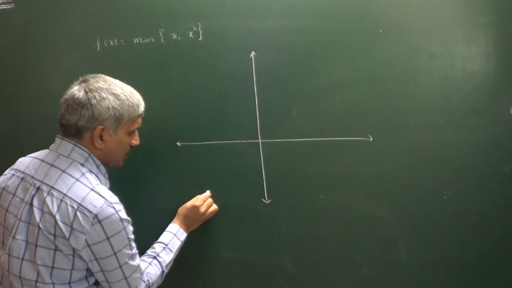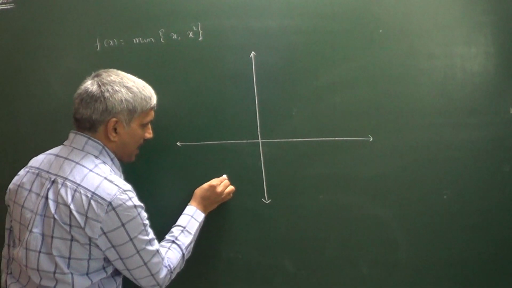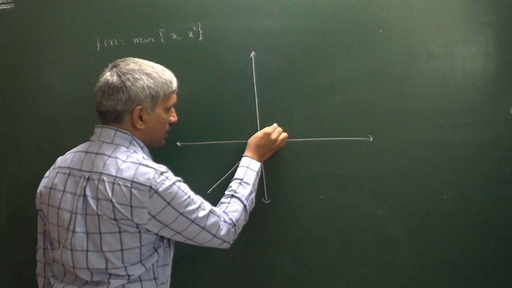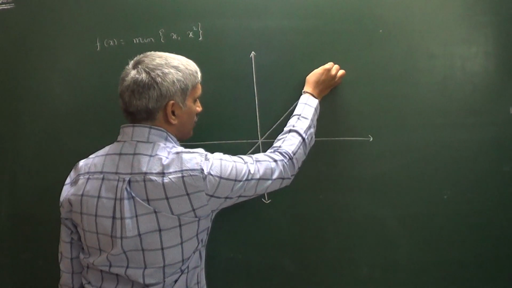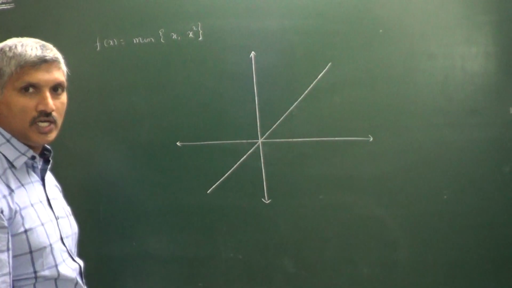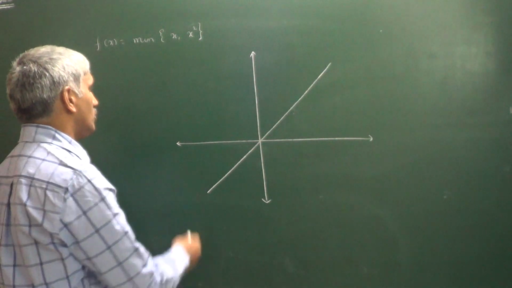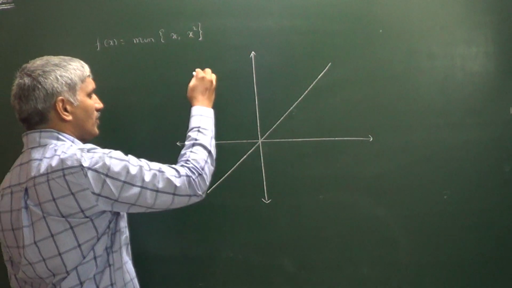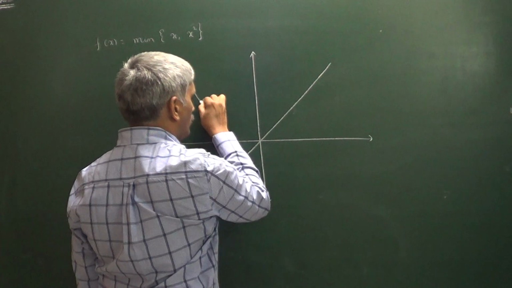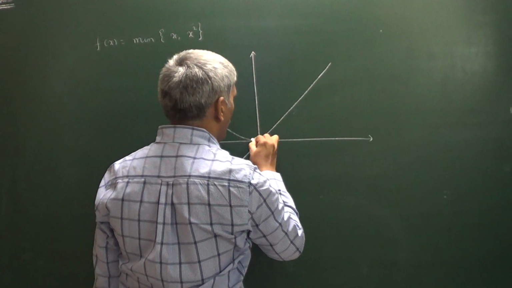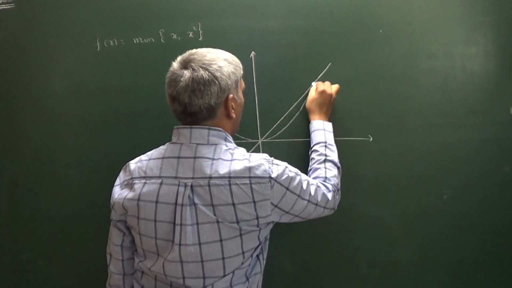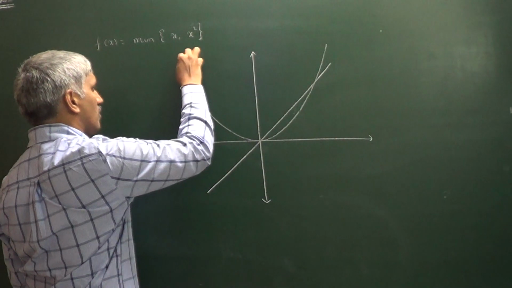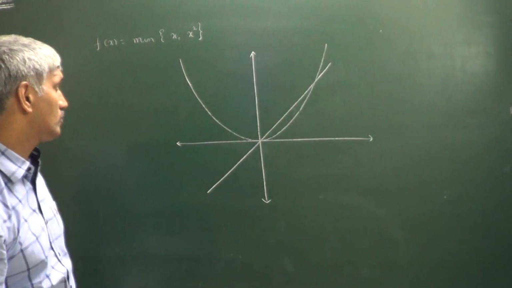F of x is equal to x, a straight line passing through origin inclined at an angle 45 degrees with x axis. That is the line f of x is equal to x. And f of x is equal to x square, you know, a parabola open upward. This is the parabola, f of x is equal to x square.